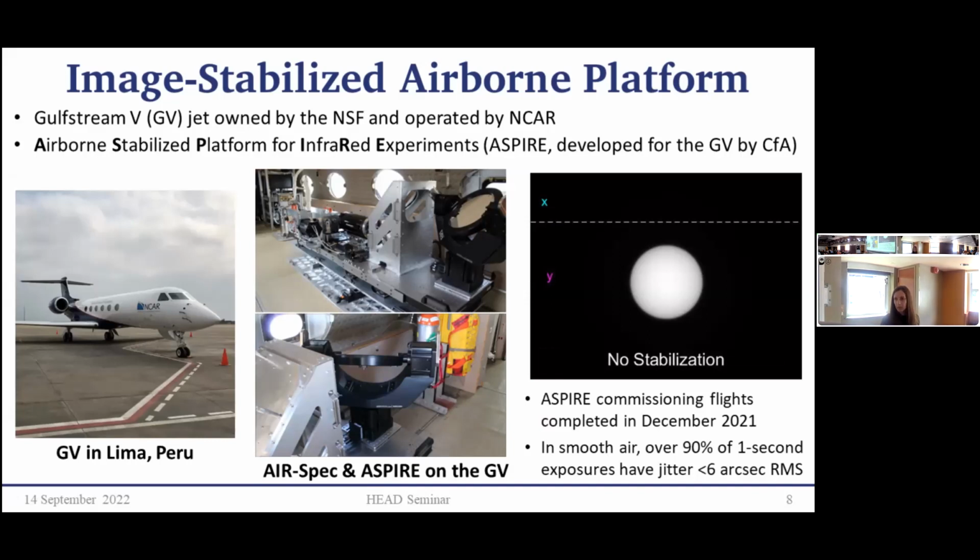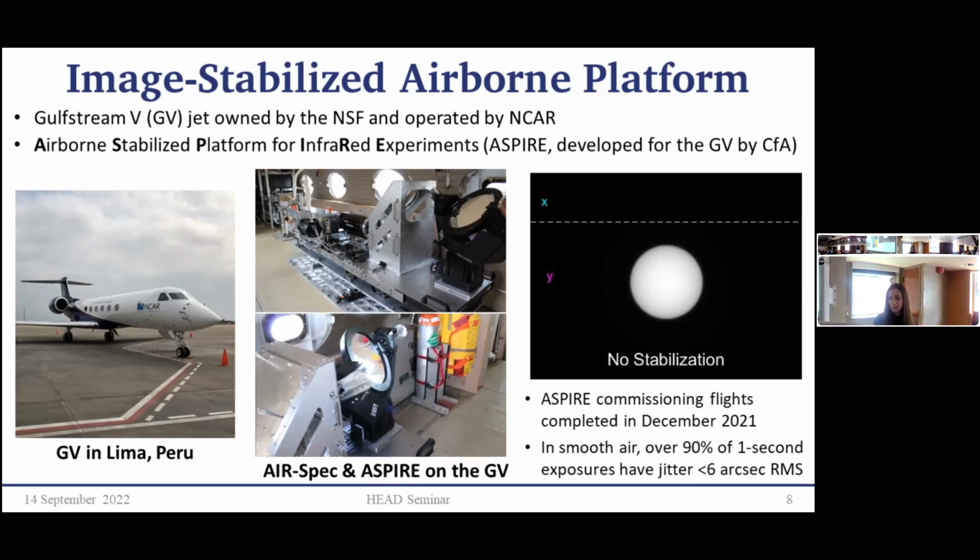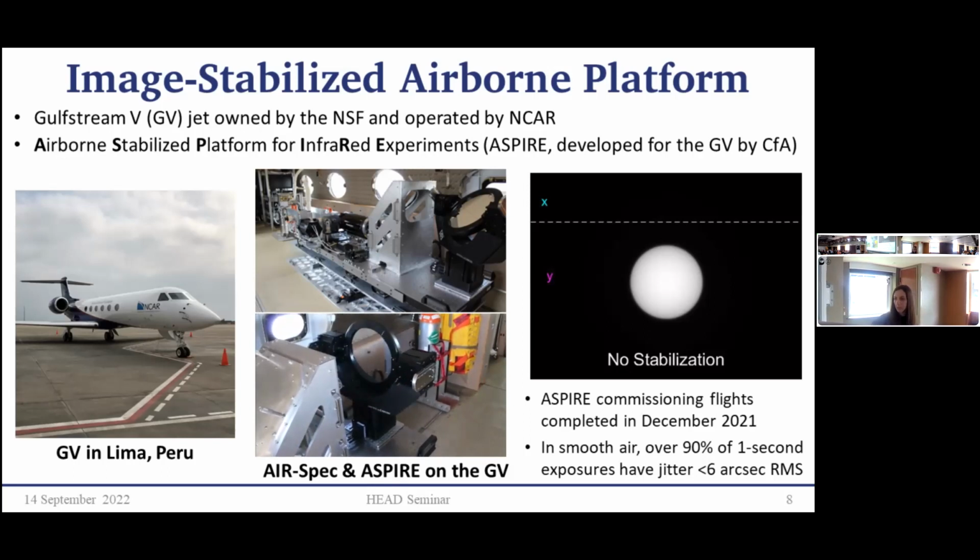It's housed out in Broomfield, Colorado, right outside of Boulder, and it's operated by the National Center for Atmospheric Research. And this airplane is often used for in situ atmospheric measurements. So they sample the air and analyze the constituents. It didn't have a way to point to the sun. And so this is what we added using this gimbaled mirror to control azimuth and elevation.